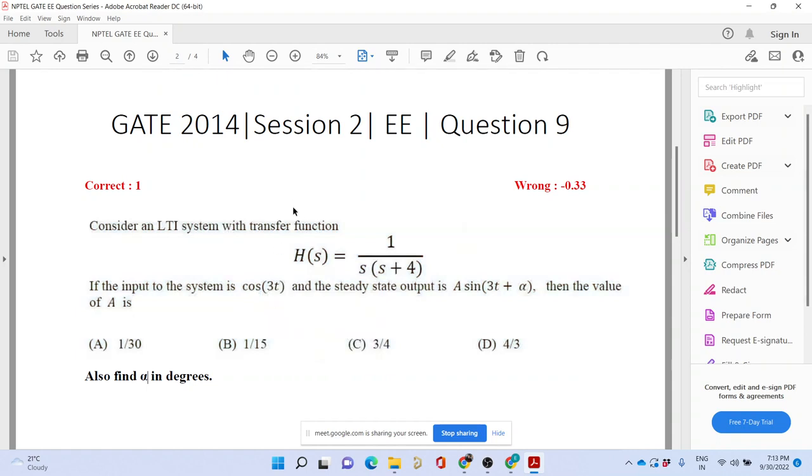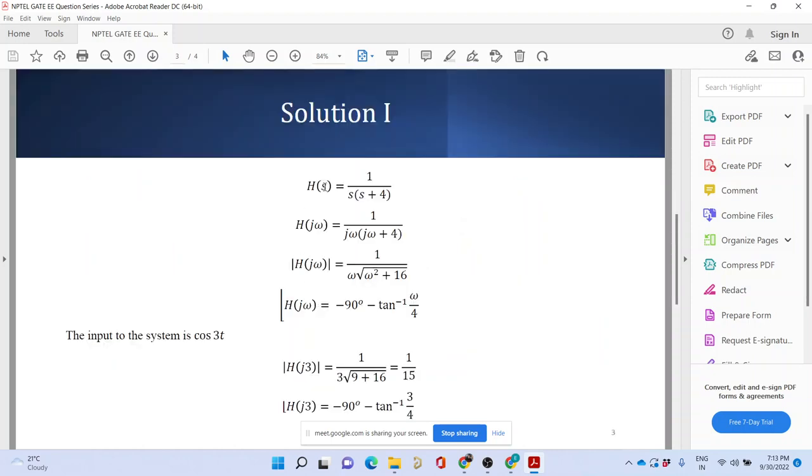We are inputting a sinusoidal signal of a certain frequency to this transfer function, and we want to see what amplification or attenuation it produces. I replaced s with j omega as usual and found the magnitude, which is 1 divided by omega times root over of 16 plus omega square. The angle contributed is minus 90 degrees minus tan inverse of omega divided by 4.